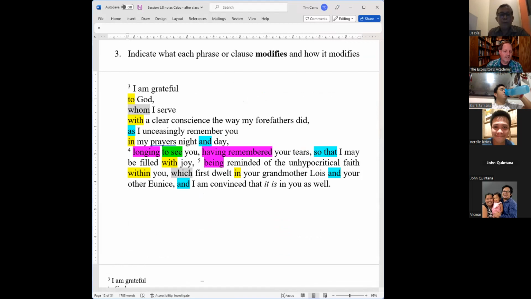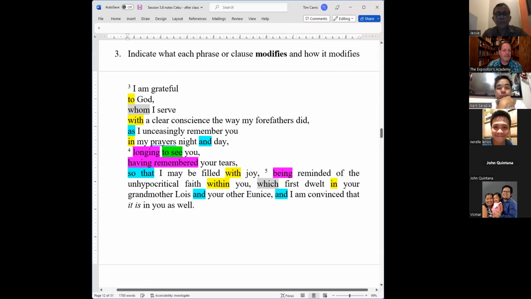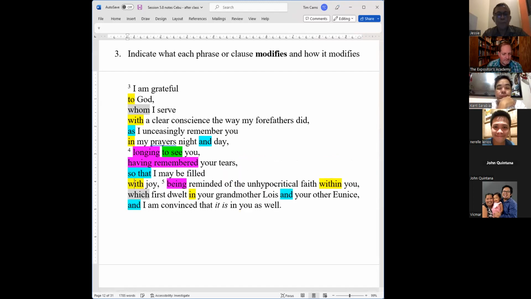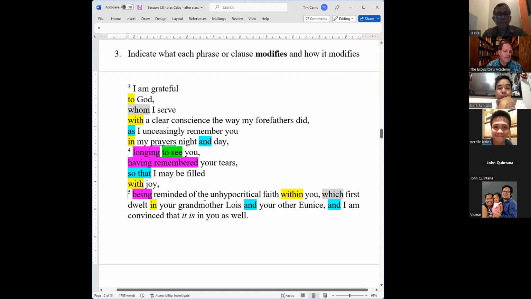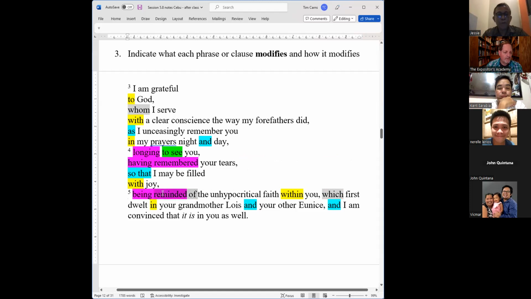Now, here is an infinitive, so it's not a connector word, so I don't break it there, but I break it at the participle, having remembered, because that's the next connector word, so that I may be filled with joy, and I would put being reminded together as a participle, being reminded of.